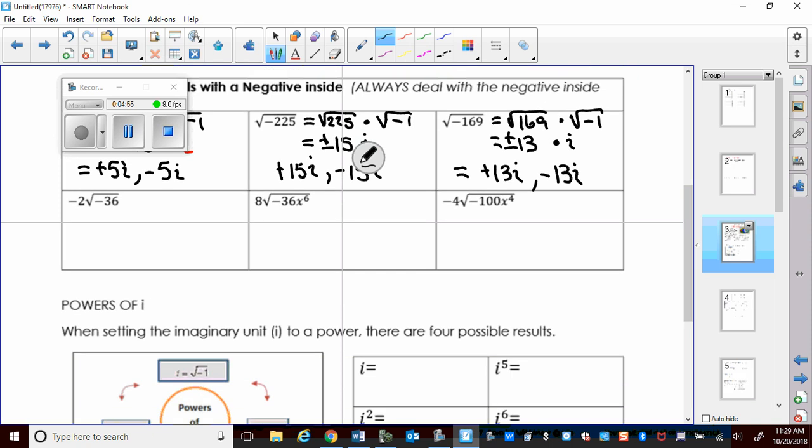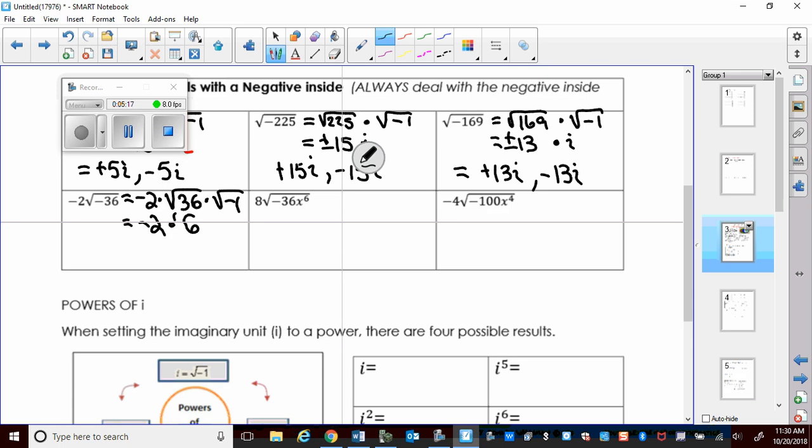Next one, I have, taking this apart, negative 2 times the square root of 36 times the square root of negative 1. So part by part, I have negative 2 times 6.